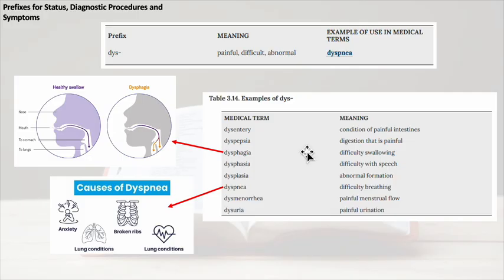Dyspepsia would be digestion that is difficult or painful, pepsia referring to digestion. So there are many contexts in which we would use the prefix dis, but consistently it's referring to painful, difficult, or an abnormal state. So it tells us if there's a problem or an abnormality with the function or condition of something.